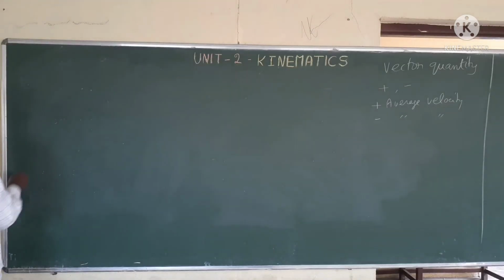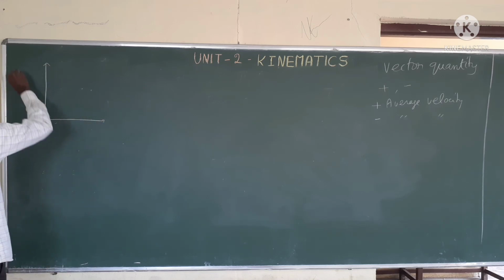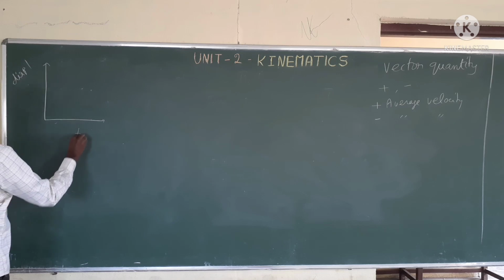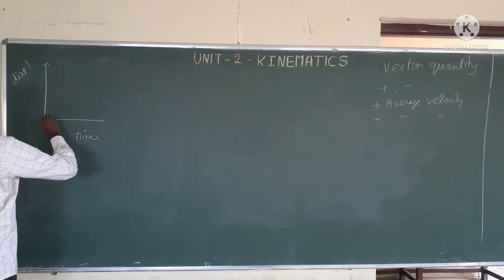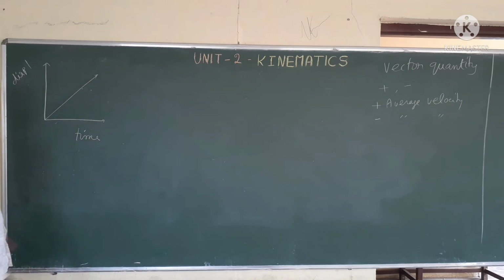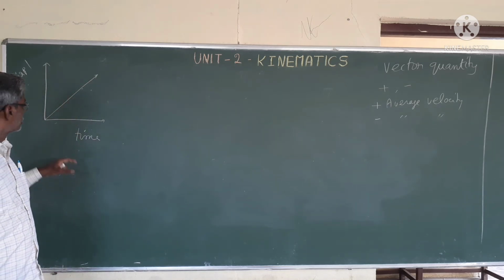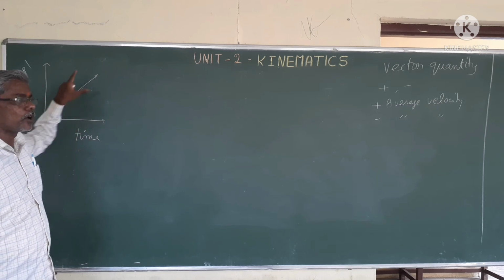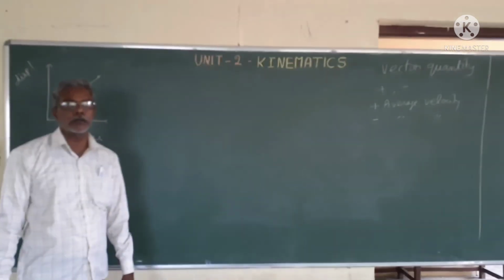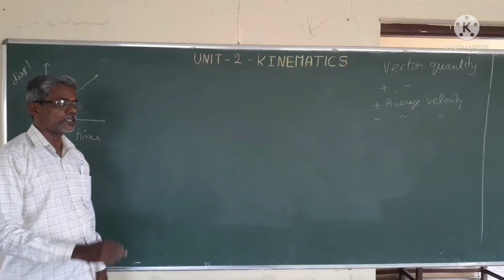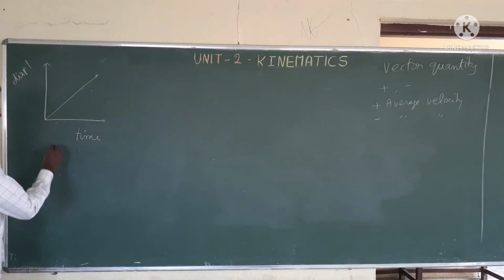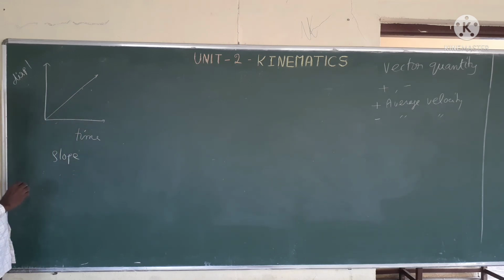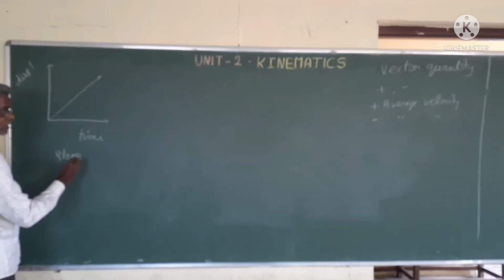Now, we take this graph. It is a displacement time graph. Whether this graph is positive average velocity or negative average velocity? The slope of this graph will give average velocity, since that is the formula to find the slope.